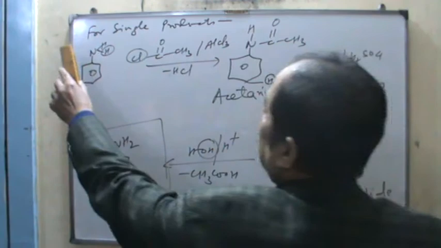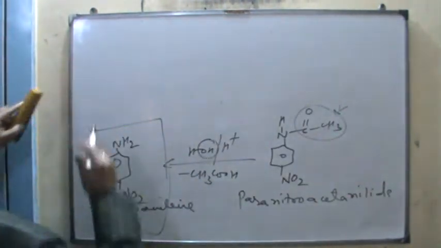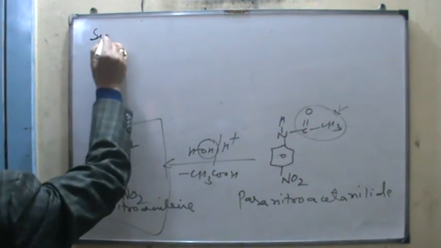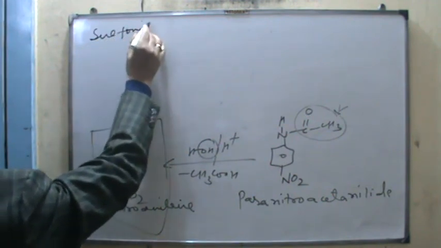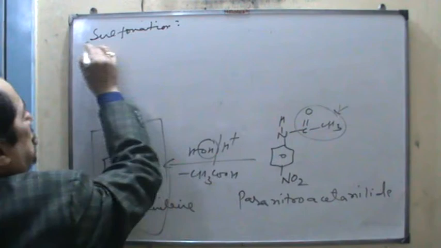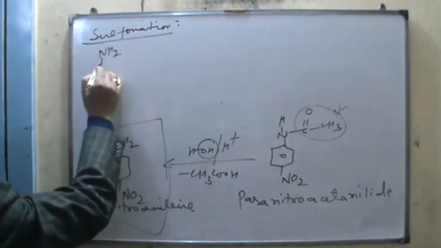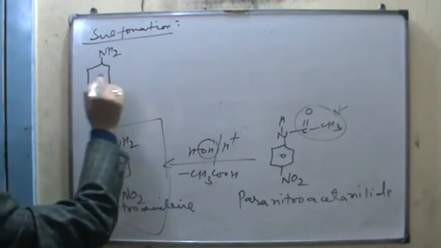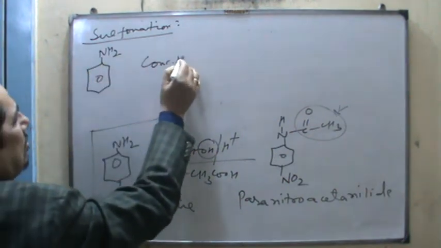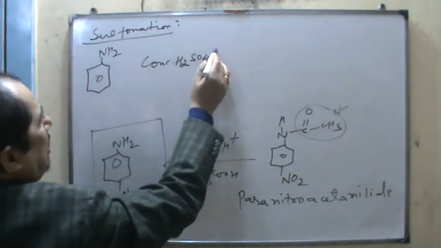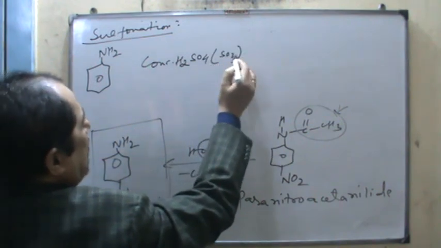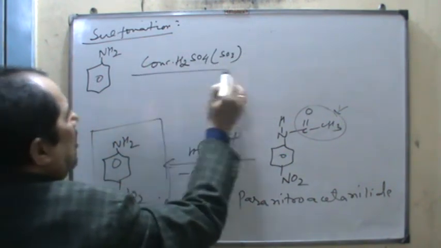Last but not the least is the sulfonation of aniline. Right. Finally, it is the sulfonation. It is the aniline, concentrated sulfuric acid in excess of SO3, oleum.